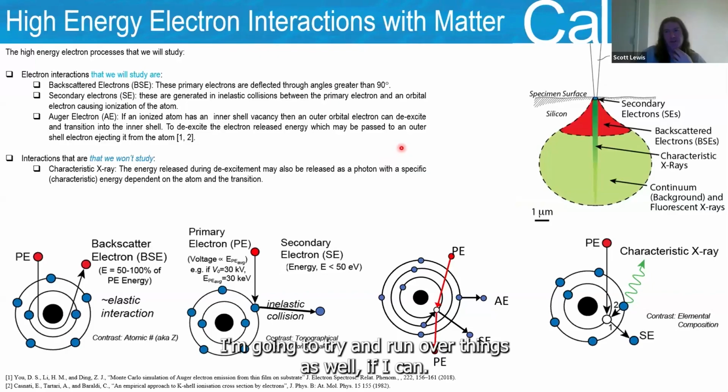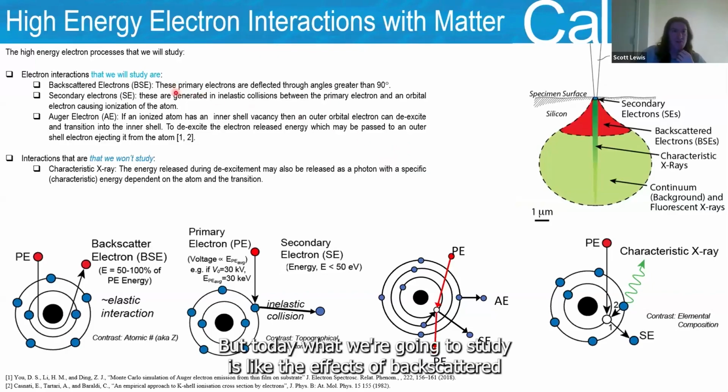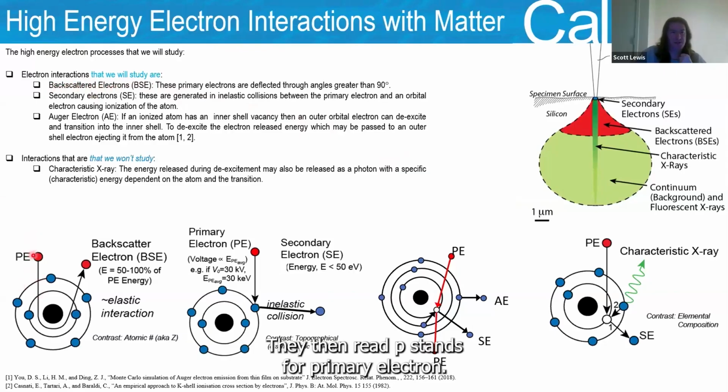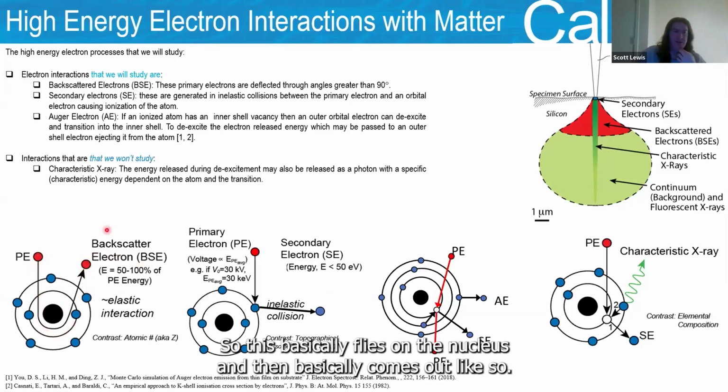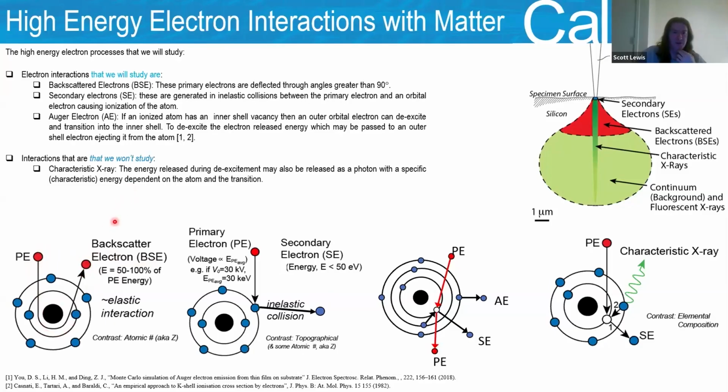I'm going to try and run over things as well, if I can. But today, what we're going to study is the effects of backscattered electrons. So in red, PE stands for primary electron, and the backscattered electron is obviously the BSE. So this basically flies around the nucleus and then comes out like so. So this is something that we'll capture.